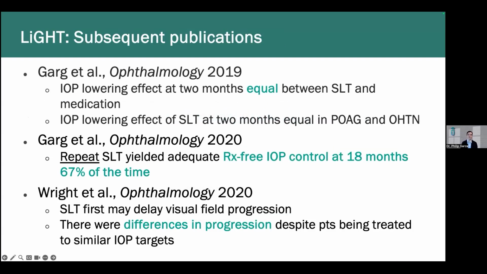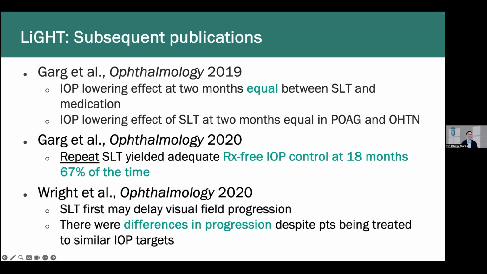Subsequent publications have fleshed out what this really means for our field. For time's sake, I'll jump ahead to the Wright paper published in Ophthalmology in 2020, which was the first follow-up publication from LIGHT and showed that SLT may delay visual field progression. I want to take a moment to emphasize that this is the holy grail of glaucoma research.